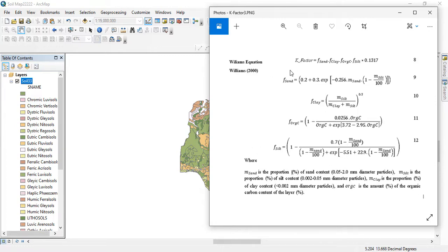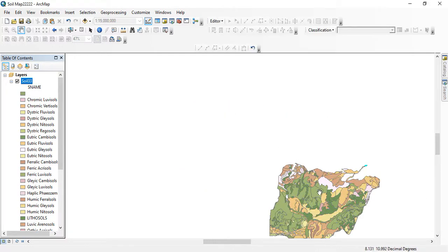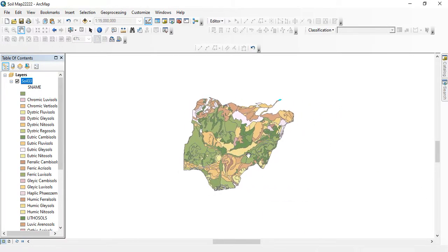And using this equation, we shall use our field calculator in ArcGIS to estimate this. So here is the map produced in the last video.